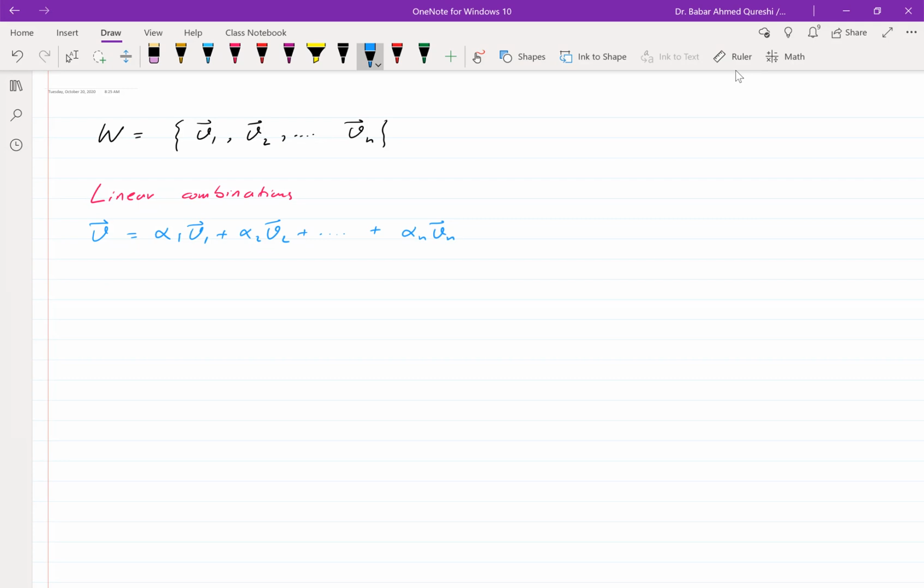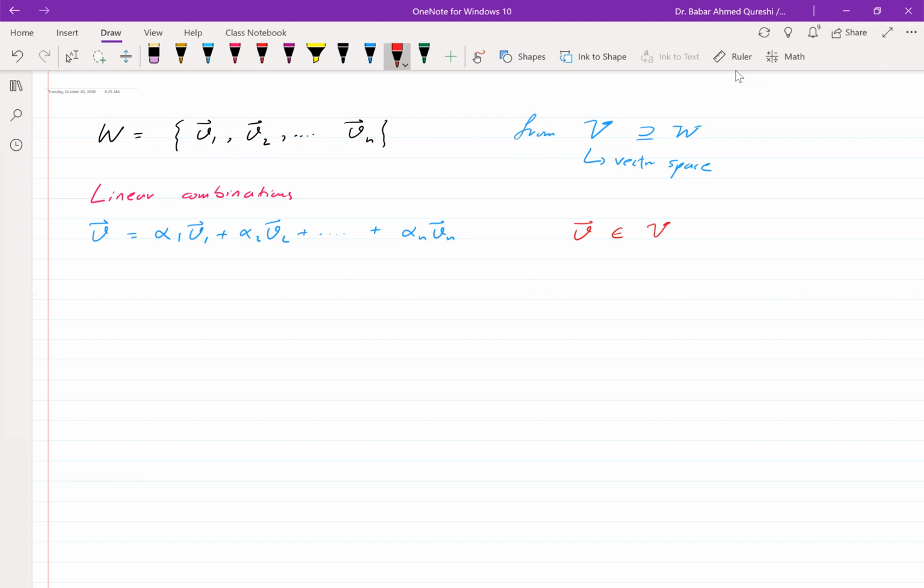So these are originally from a space V, and W is just a finite subset of V. I have a vector space V. And I picked n vectors from there to make this set W. So picking those n vectors, if I make any linear combination, since V is a vector space, this linear combination which I will make will mean that this vector also belongs to the vector space. This is obvious. This is like the main point of having a vector space.